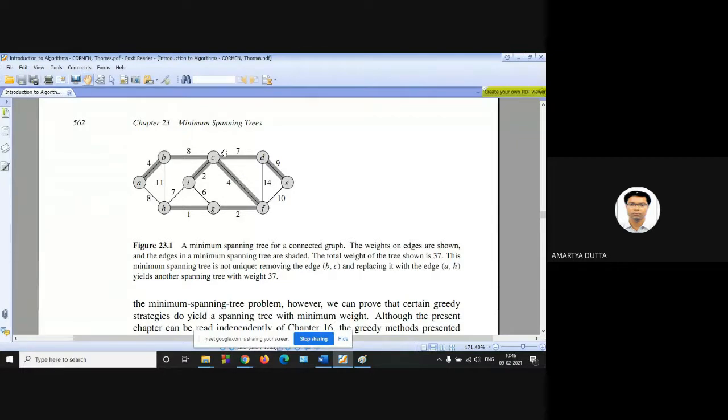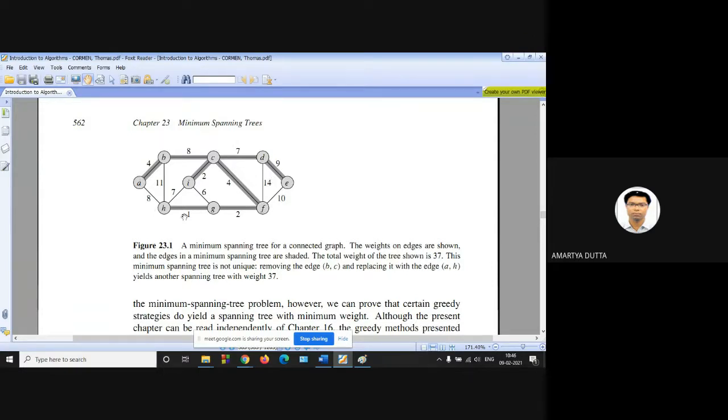So what is the weight for D to F? 7 plus 4. D to F directly it's 14, but if we go around, then it will be 11. So the weight W(D, F) is 14.